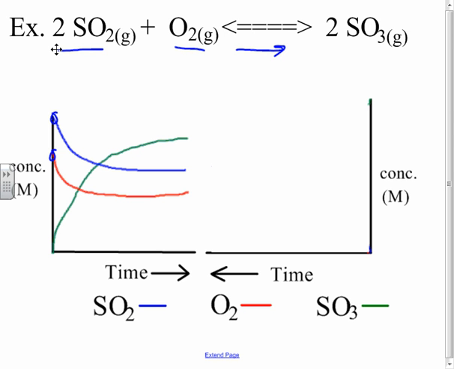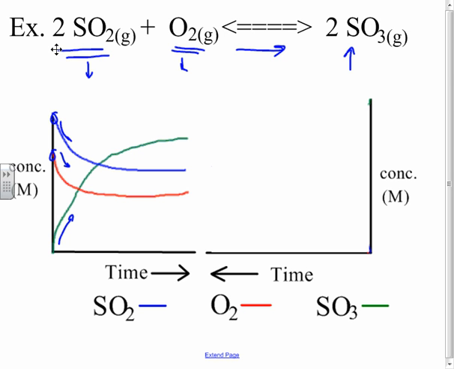But think about what's going to happen over time. As the SO2 reacts with the O2, their concentrations are going to decrease, so we can see them decreasing over time. And as the product forms, its concentration is going to increase over time, so we can see the concentration of the SO3 increasing over time.